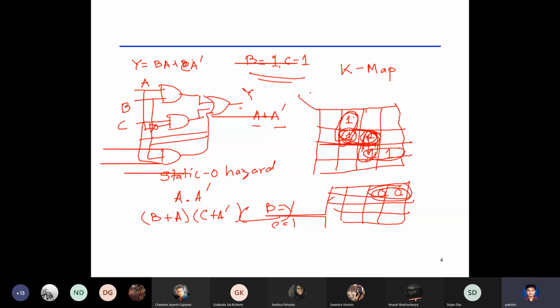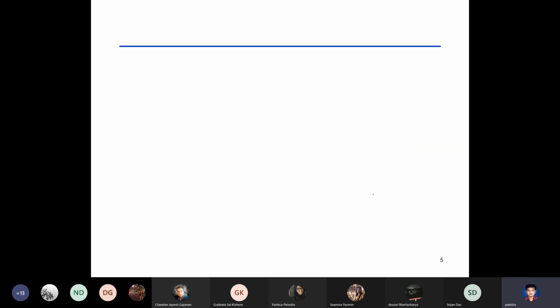I am just giving a circuit-based understanding of this, but you can of course write it down mathematically using cubes and required cubes, and so on. Okay, so then you can have dynamic hazards.